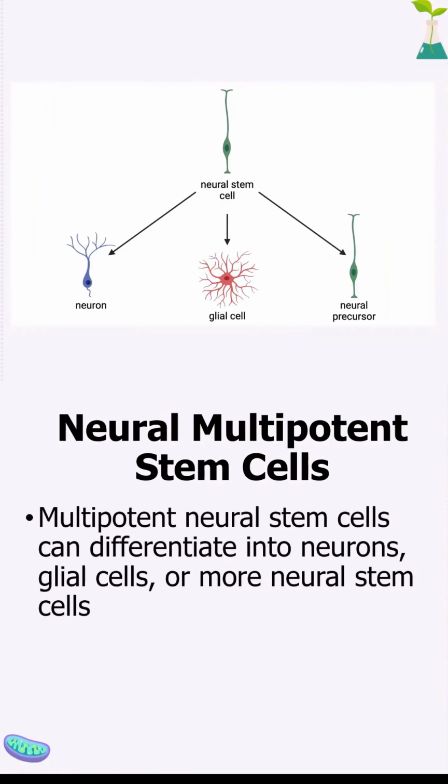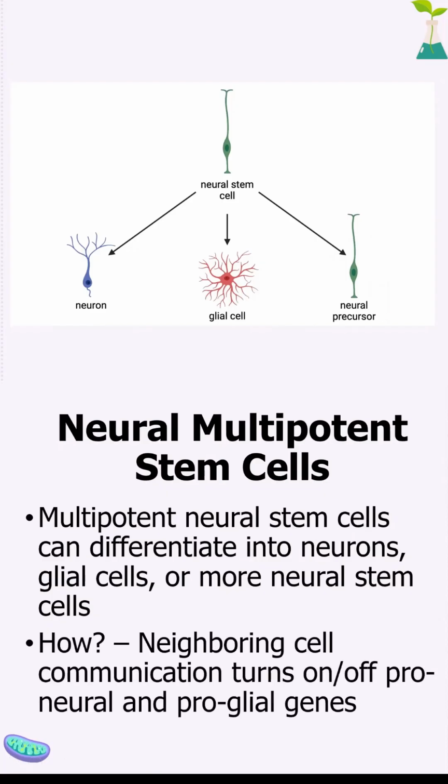And so these stem cells can differentiate to become a neuron or a glial cell. Both of these are found in the nervous system, or they can become more neural precursors, which is basically just another word for more stem cells. So a stem cell can actually make more stem cells as well. So yeah, it can evolve to its final form, or it can make more stem cells.